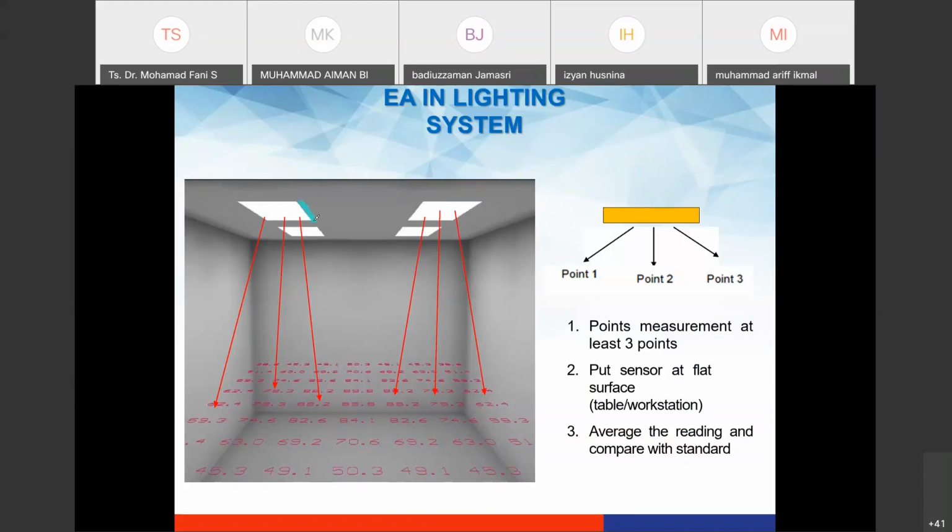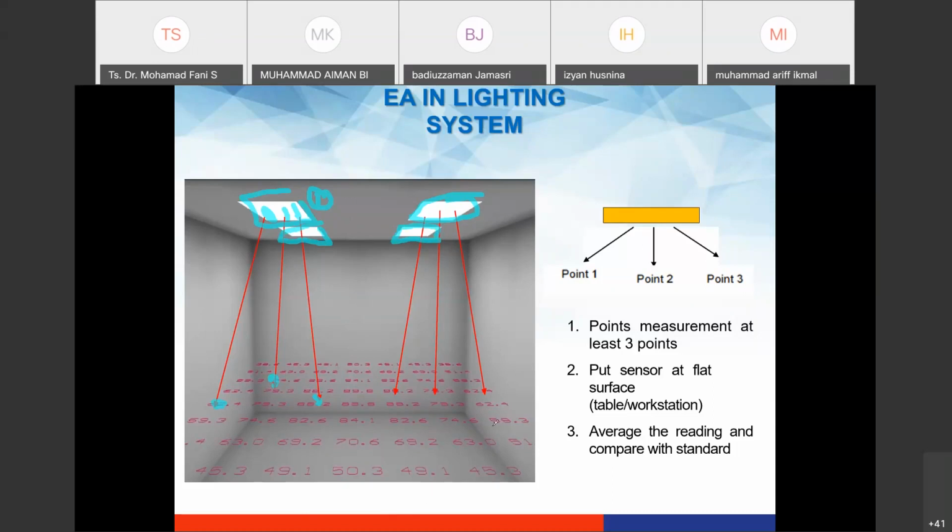So for example, this lighting, of course they have 1 or 2 or 3 lamps over here, and just measure the 3 points for every single compartment of lighting, so we can get the average value for these 3 points for every single area of lighting here.